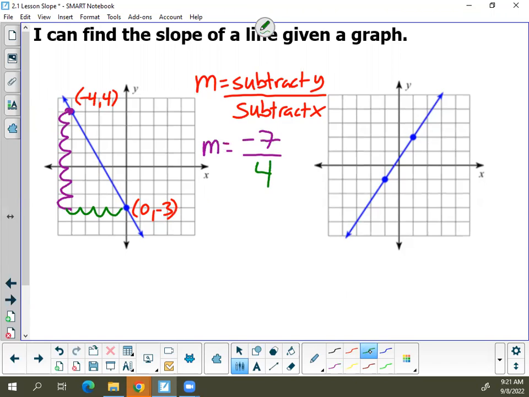I can get the slope of that line by doing some counting. So up and down is my y's. That's like subtracting my y's. Left and right is my x's. It's important to know that if I go down, it's negative. If I count up, it's positive. If I go right, it's positive. If I count left, it's negative. Sorry, I did those kind of backwards.